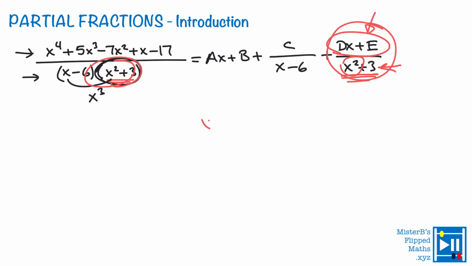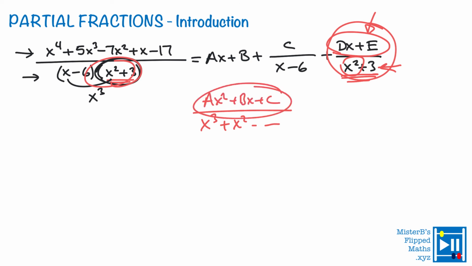If it were x cubed plus x squared, I don't know, something that you cannot factorize, then the top part, the numerator, must be ax squared plus bx plus c, because that will be the remainder. I mean, we're talking about remainders when we apply long division of this divided by this, right? And we are using partial fraction decomposition just to avoid applying long division.